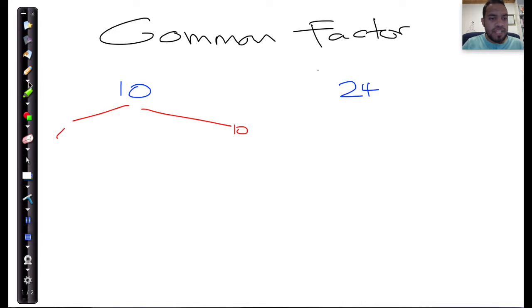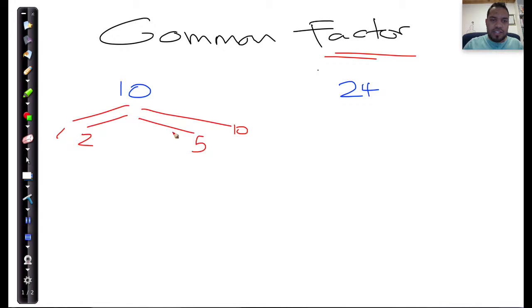Now the common factor, let's first talk about listing the factors of each of these numbers. The factors of 10 are 1 and 10, because 1 multiplied by 10 gives you 10. Therefore 1 goes into 10 perfectly, and so does 10. Another factor of 10 is 2 and 5, because 2 multiplied by 5 gives 10.